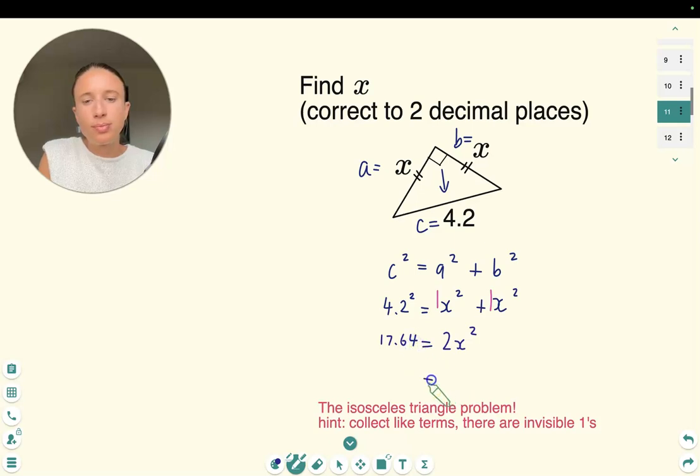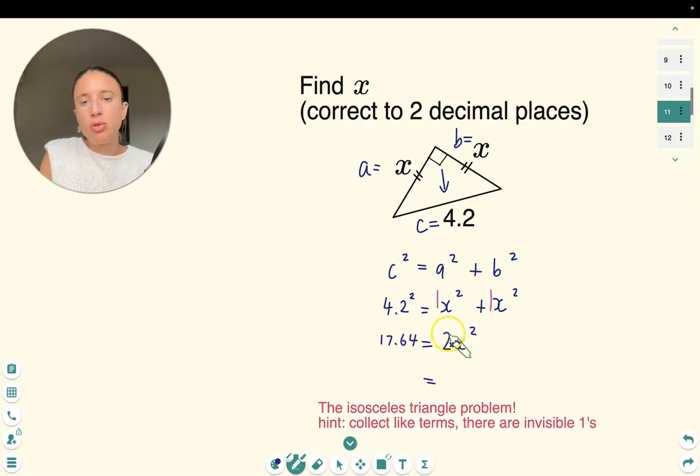17.64. And then at this step, we want X on its own. And it has a squared symbol hugging it, and it's got the 2 out the front there. Now, what you've got to do is there's a little invisible multiply sign here.